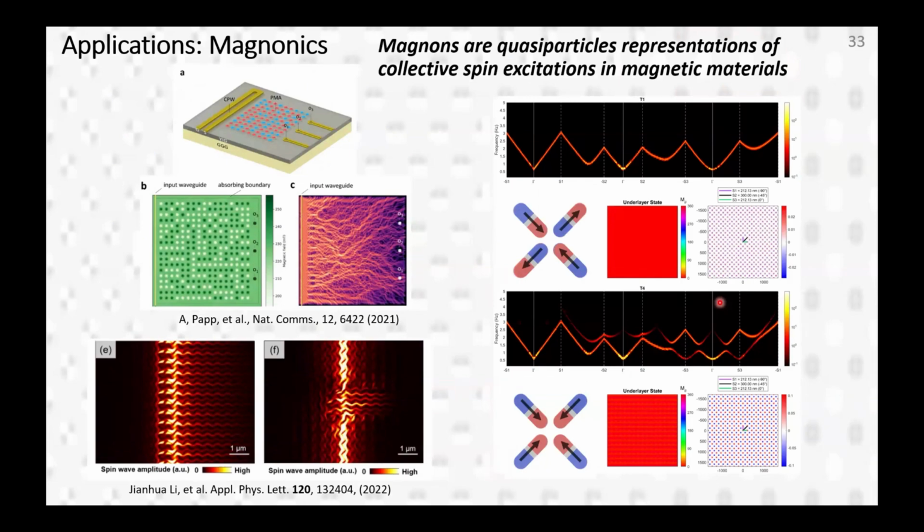Magnons are quasi-classical representations of collective spin excitations in magnetic materials. So I mentioned this earlier. We can control the spin wave dynamics and their propagation through materials by changing the underlying magnetic state. There's this one where they use PMA materials and they change the configuration, and that changes how the spin waves propagate through.